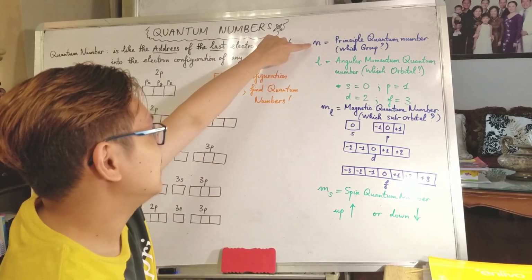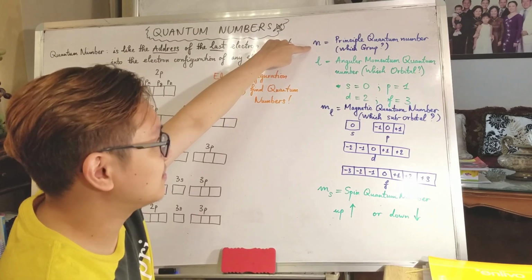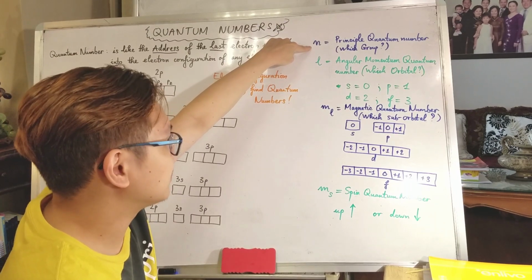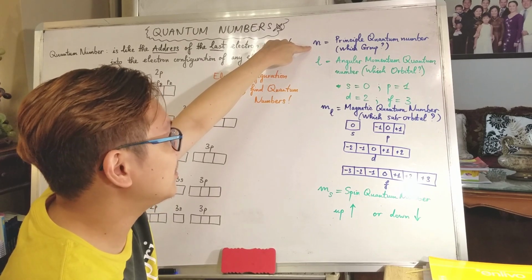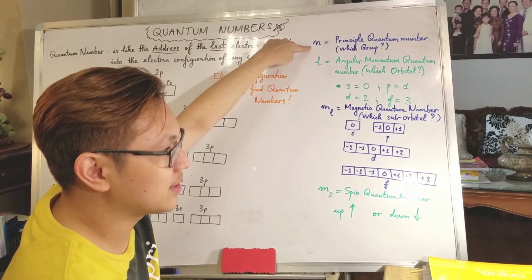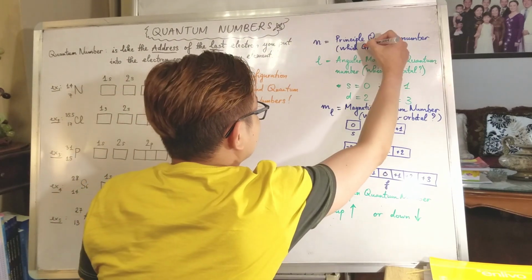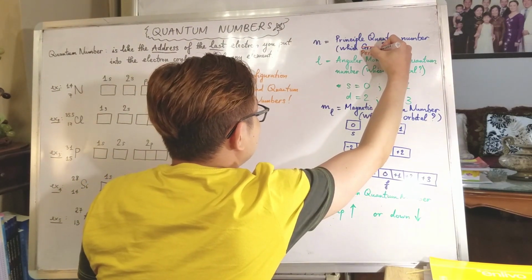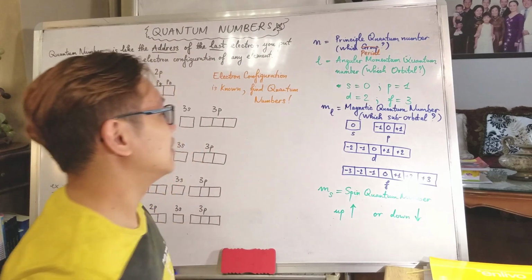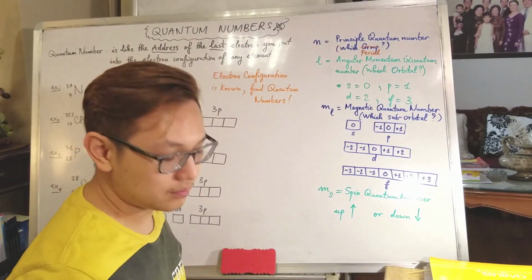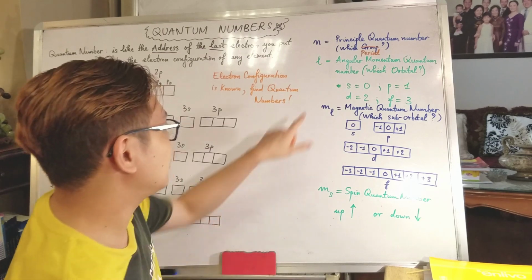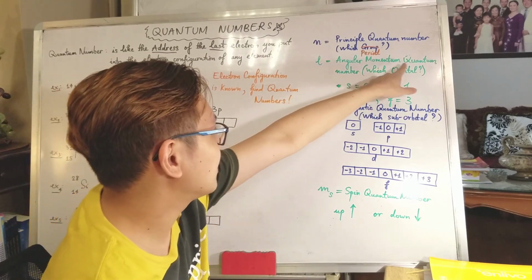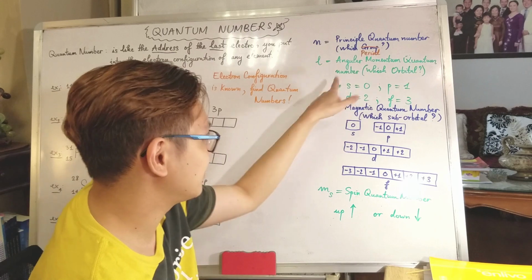First thing first, the N is the first quantum number. It tells you which period the last electron you put in there belongs to. The next quantum number is the angular momentum quantum number.